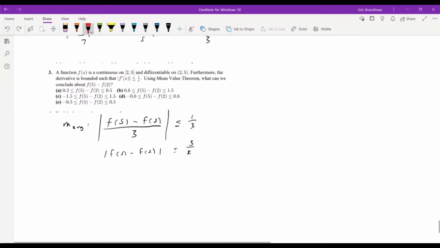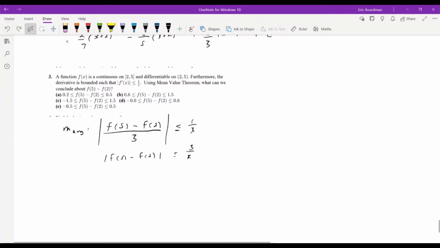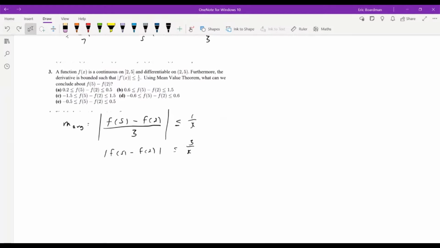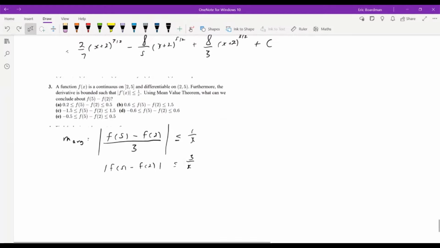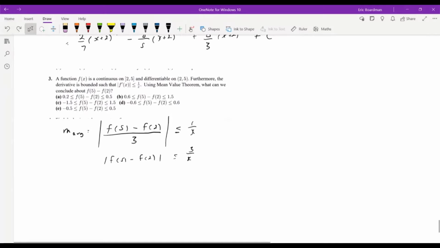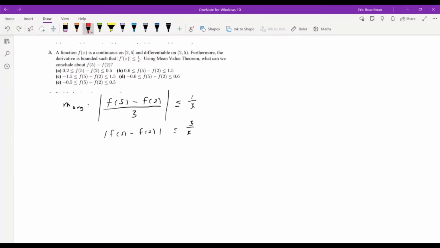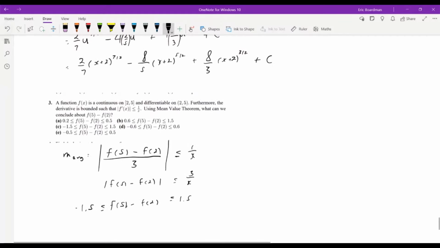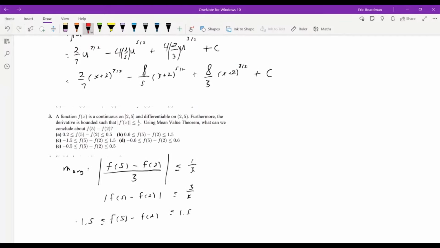This is the absolute value of f of 5 minus f of 2. So if we had a number in here, like negative 1, this will just become positive 1. So we want to make sure that it's the largest region possible. So f of 5 minus f of 2 is less than or equal to 1.5, greater than or equal to negative 1.5. So it should be C.